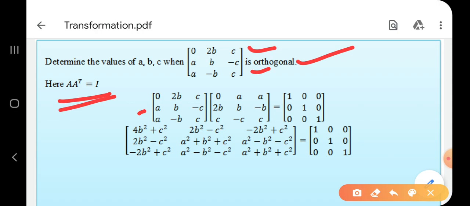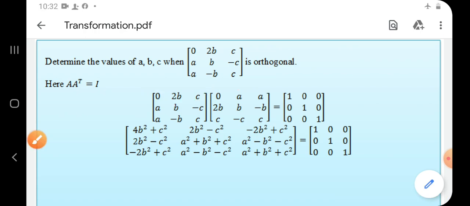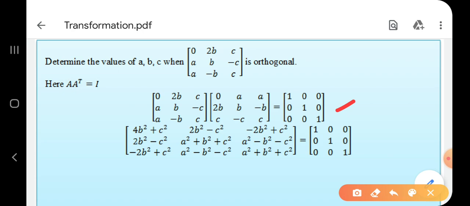Okay. Now A transpose means make this row a column. What is our row? 0, 2b, c. It becomes column 0, 2b, c. Then a, b, minus c, here a, b, minus c as a column. Then a, minus b, c, here a, minus b, c. Right? And it is equal to the identity matrix 1 0 0, 0 1 0, 0 0 1.